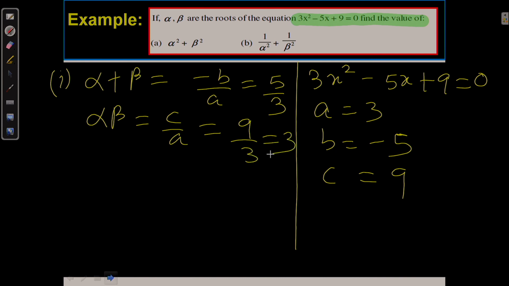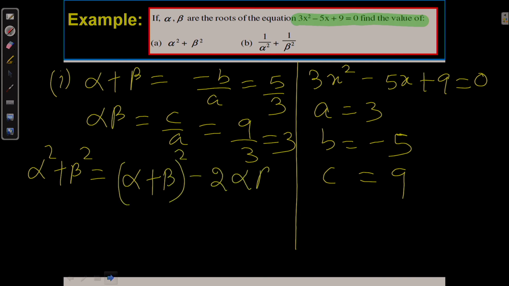Okay. Suppose I would like to find out alpha square plus beta square. When talking about alpha square plus beta square, we know that, like a square plus b square, simply I can say alpha plus beta whole square minus 2 alpha beta. So alpha plus beta we have already found, 5 by 3.